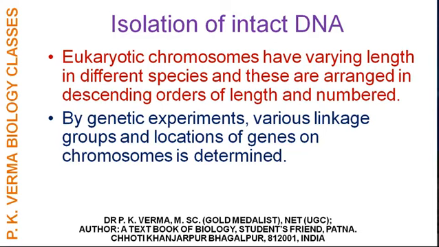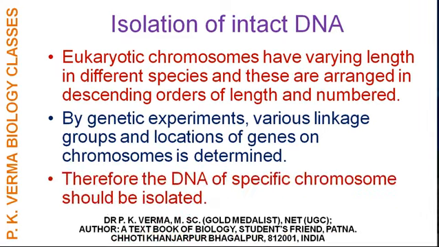By genetic experiments, various linkage groups and locations of genes on chromosomes have been determined by different scientists in different countries. Now getting information is not a difficult thing. Bioinformatics is well developed.